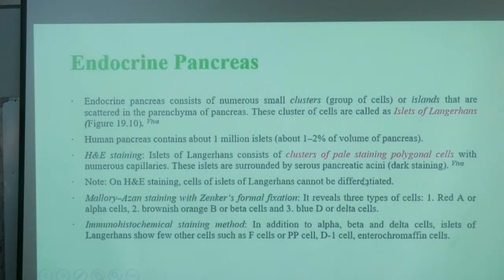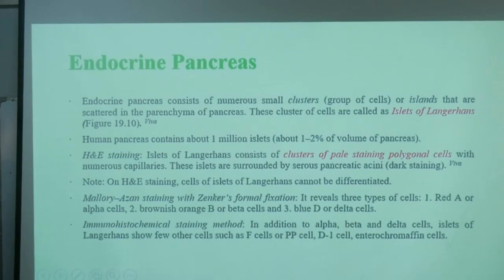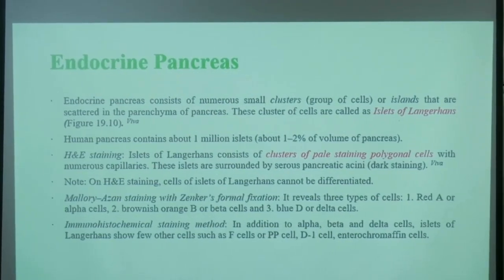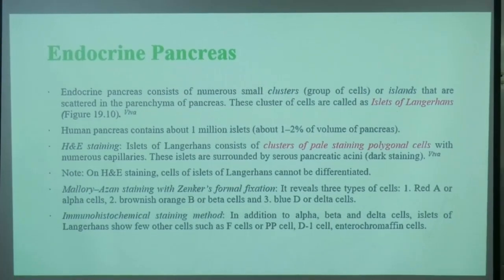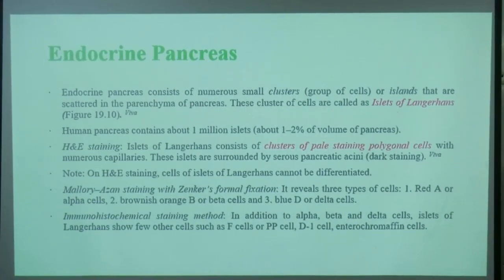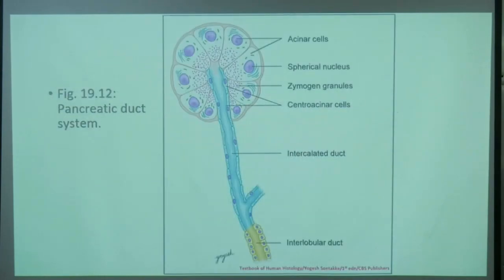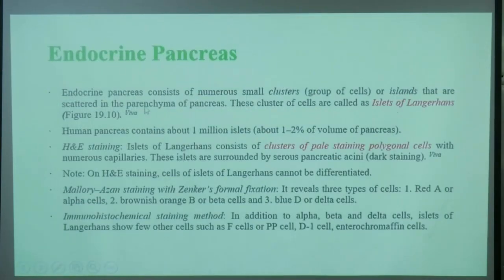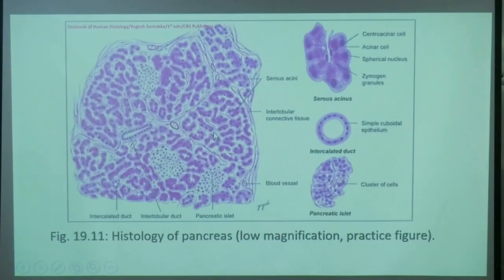So, moving into the endocrine part. Once we see the endocrine part of this pancreas, we come to the different types of cluster cells. If you zoom into that particular island, if you enlarge this cluster of cells, we will see that the cells present here are not similar.